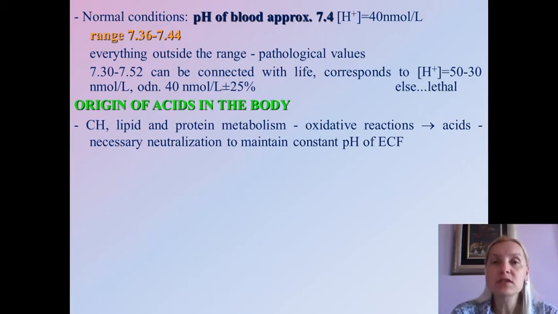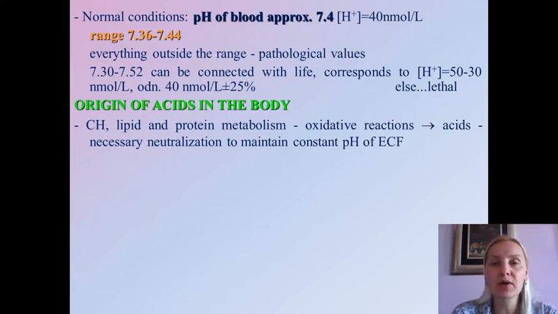So certain systems and mechanisms are required to neutralize those acids and to maintain the constant pH of extracellular fluids. So let's make an overview of the metabolism, and let's see which are those acids produced during metabolism.